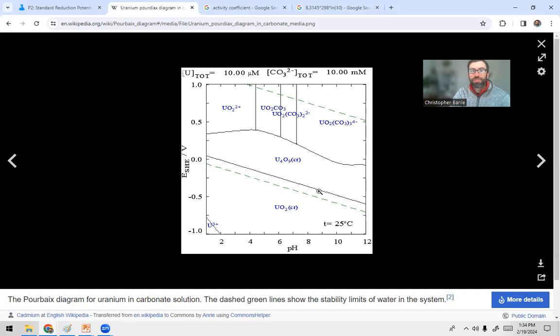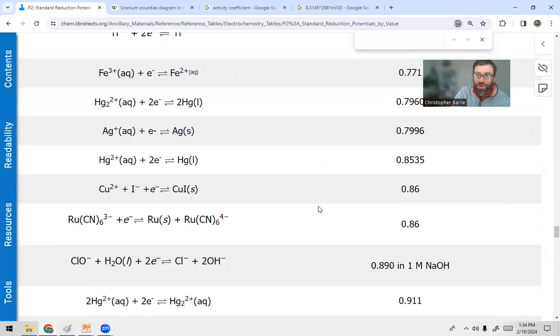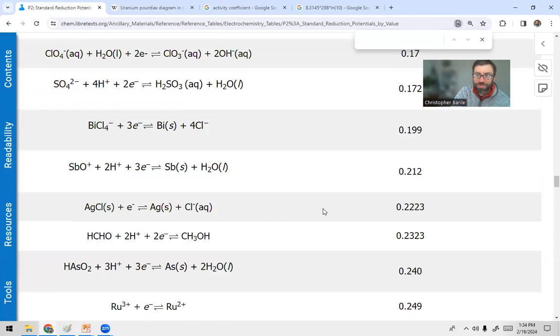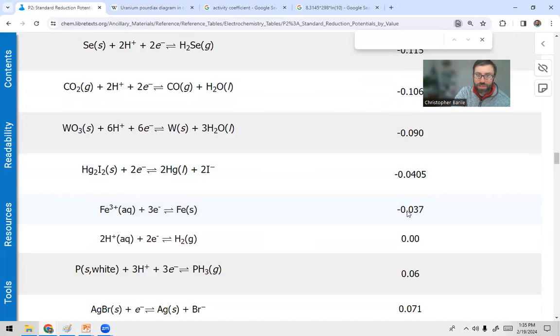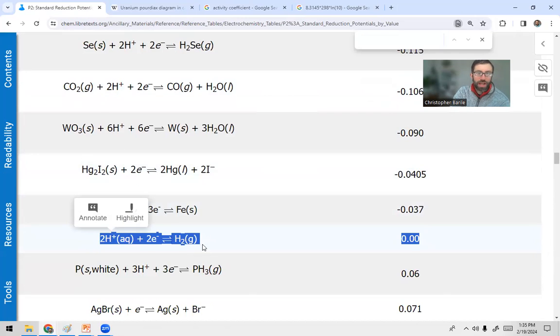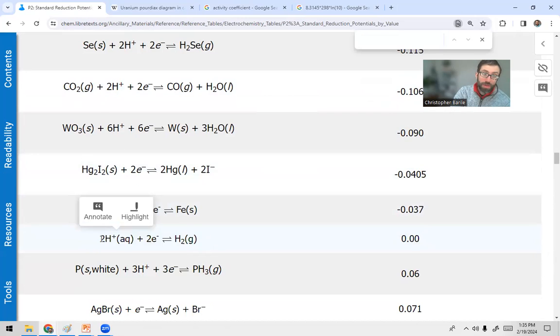This one's for the hydrogen evolution reaction. Hydrogen evolution reaction, by definition, at pH 0 is 0, right? All these values are versus hydrogen gas formation. So it's exactly 0 to make hydrogen at pH 0. But again, there's a 1-to-1 ratio here of protons and electrons being transferred.